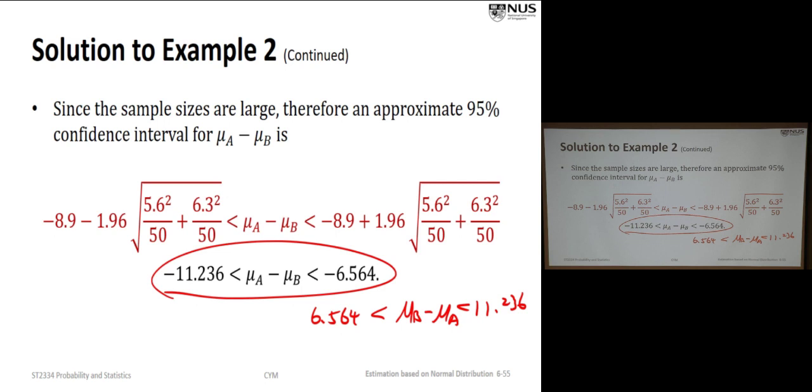All right. But read the question carefully. If the question asks you to find a confidence interval for mu B minus mu A, you should give a confidence interval for mu B minus mu A. All right. If you give me the other way around, you have not completely answered the question. But if you did not mention which minus which, just say the difference between two means, then it doesn't matter which one minus which.